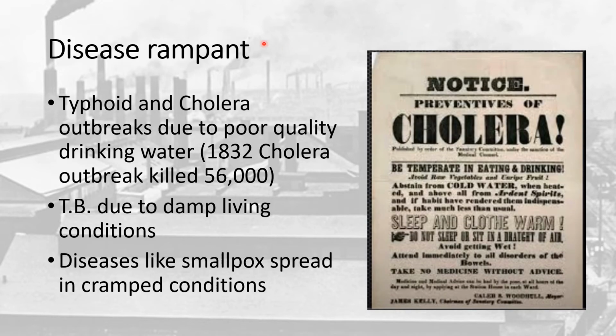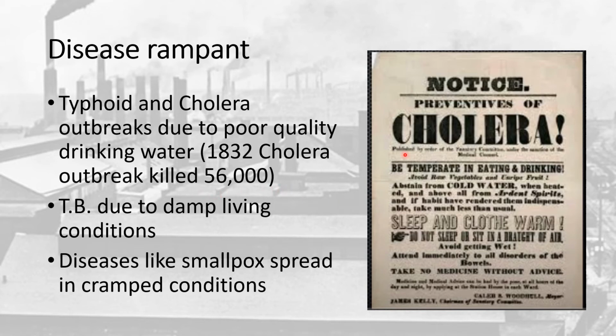So, in these cramped conditions within the slums, diseases such as typhoid and cholera spread like wildfire. This was down to the bad drinking water and poor sanitation. Now, in 1832, there was a cholera outbreak which killed 56,000 people.